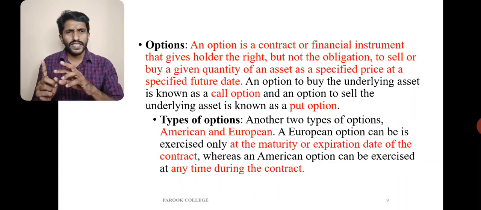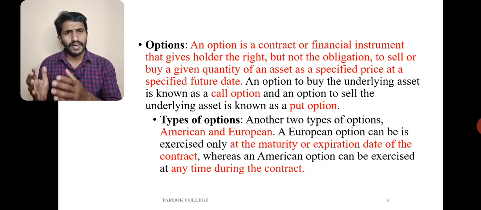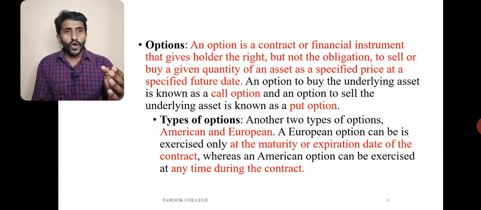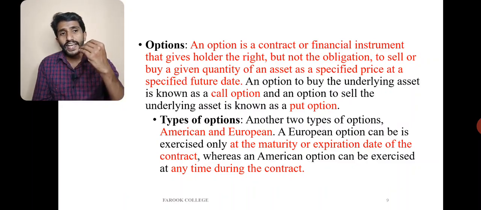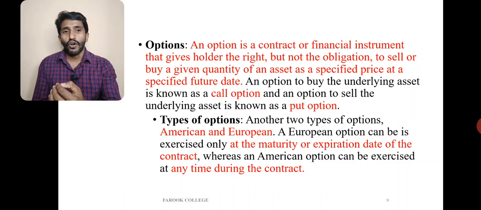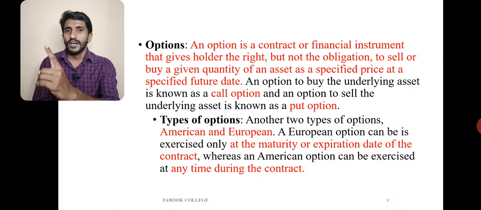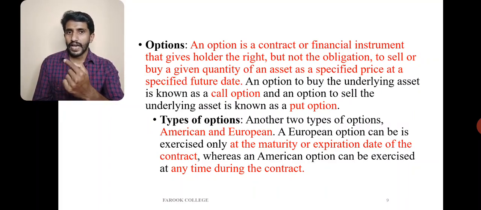And there are two other types of options, like American option and European option. European option can be exercised only at maturity or expiration date of the contract. Suppose that I am making a contract for 90 days. So after 90 days, I'll be selling $100 to you.